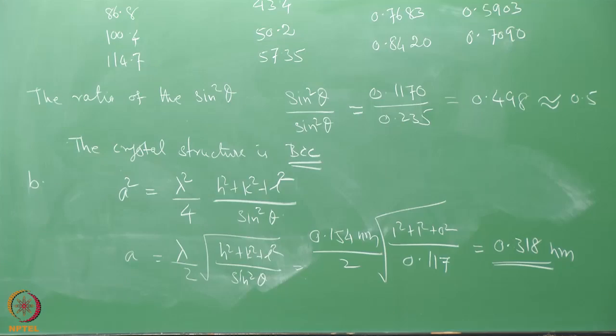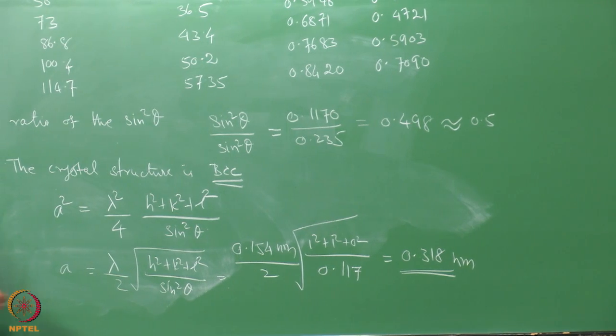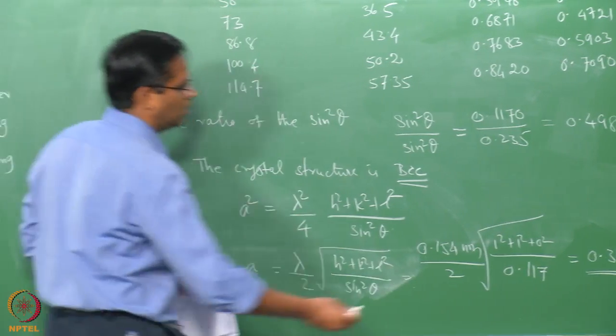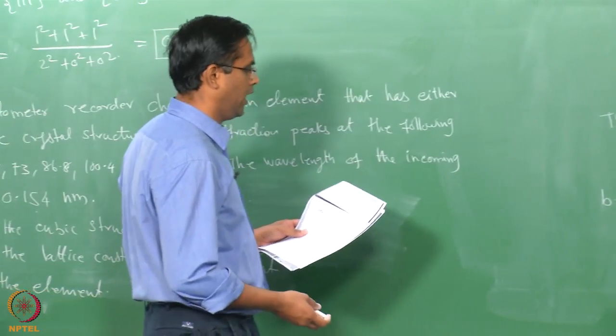So, you substitute this into this relation, you get about 0.318 nanometers, that is the value of A.